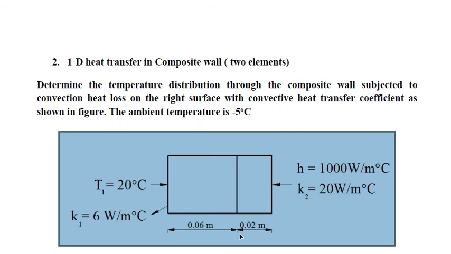The dimension of the wall 1 is 0.06 meter and the wall 2 is 0.02 meter. The heat is flowing in this direction. It is 20 degree centigrade. At the right end, there is end convection given. Only the right surface is having the convection with the convective coefficient of 1000 watt per meter square degree centigrade.